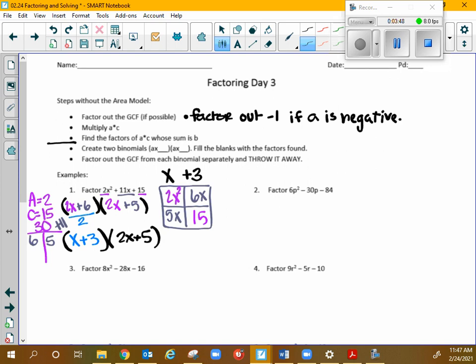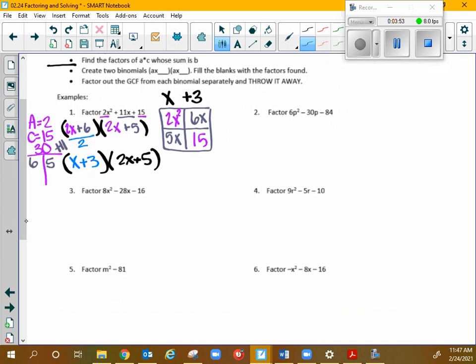Let's do another one. Number 3: 8x squared minus 28x minus 16. A is positive, so we're good there. Can I factor out a GCF? 4. 4 times 2x squared minus 7x minus 4.